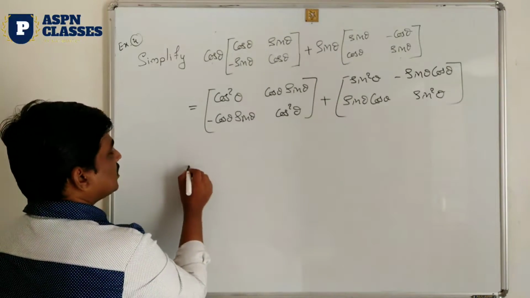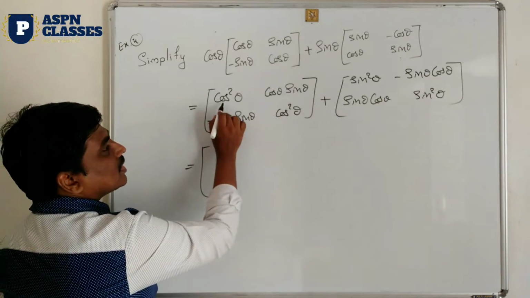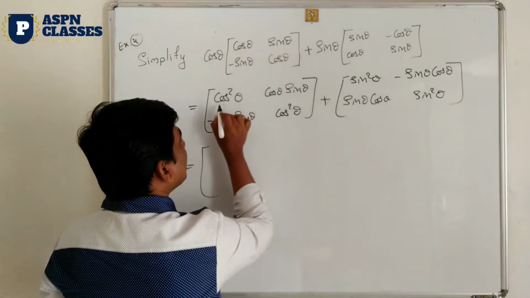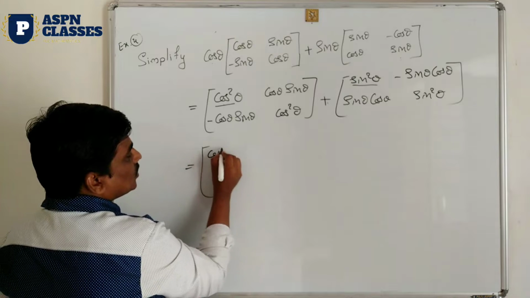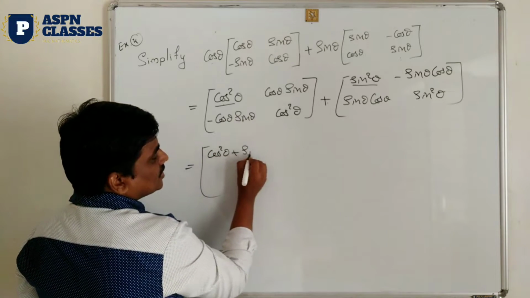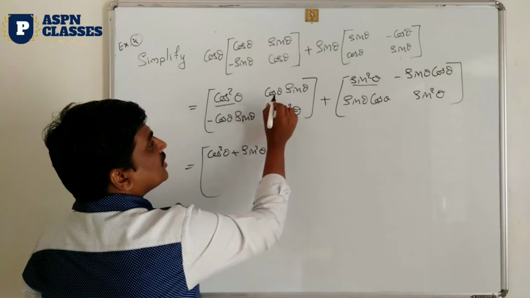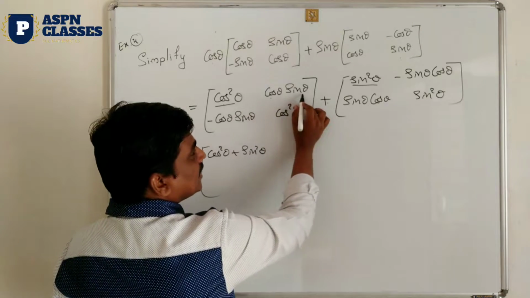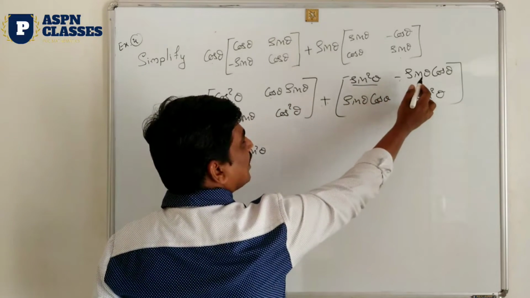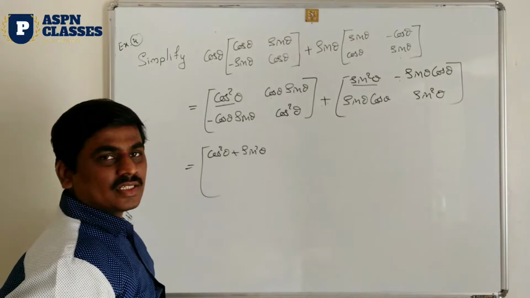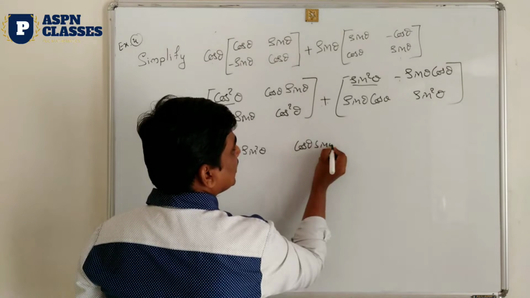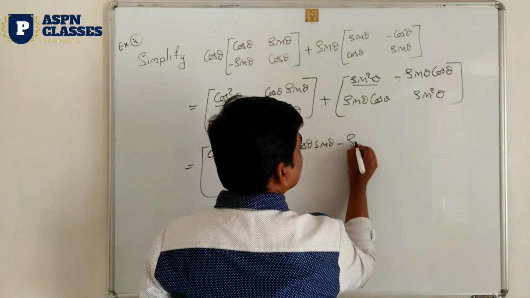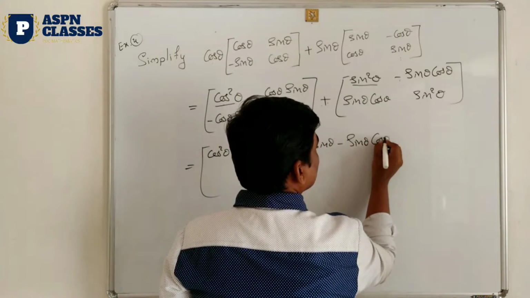Then add these two matrices. What is the answer? Observe here, it's very simple. First the first entry: cos square theta plus sin square theta. Next, cos theta sin theta plus minus sin theta cos theta, so write this result: cos theta sin theta plus minus sin theta cos theta.